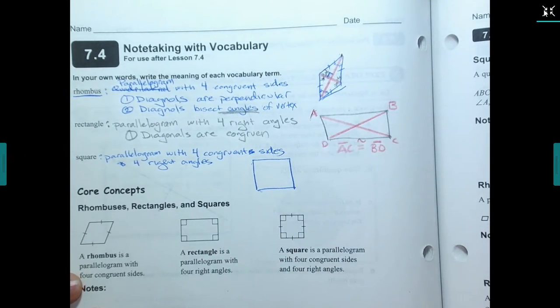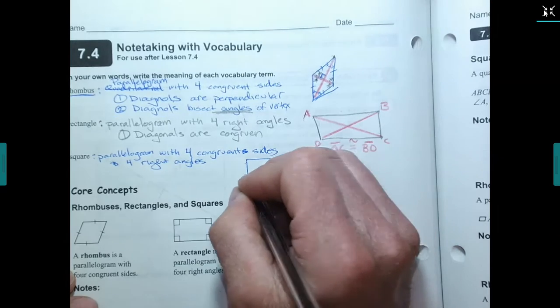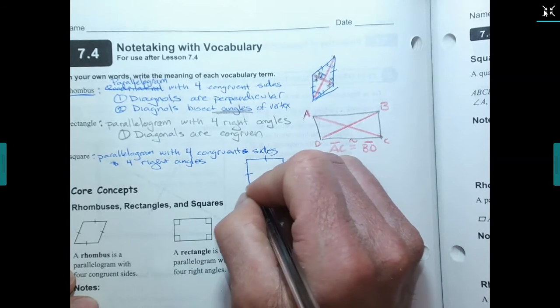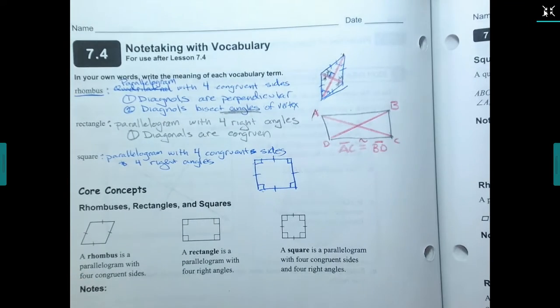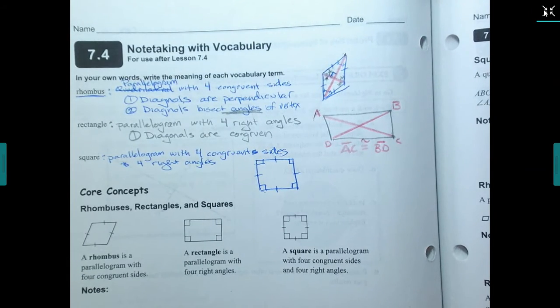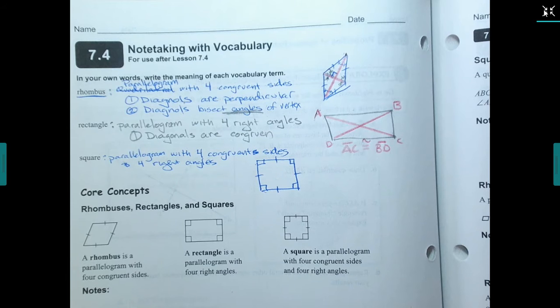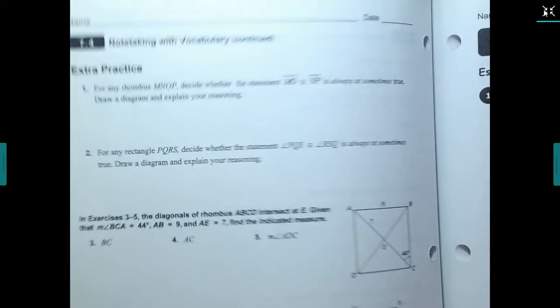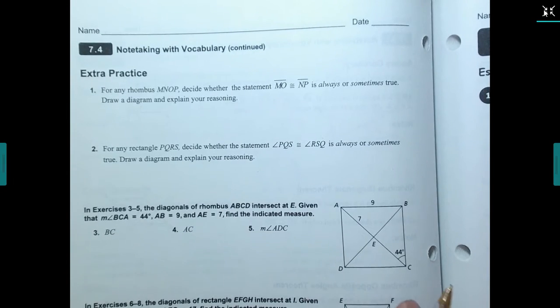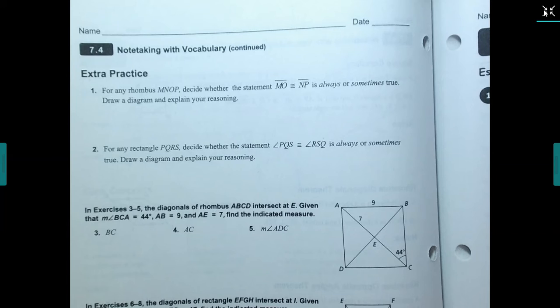So a square is a rhombus with right angles. A square is a rhombus with right angles. All right, that's what you're going to need to know in order to answer your homework questions.